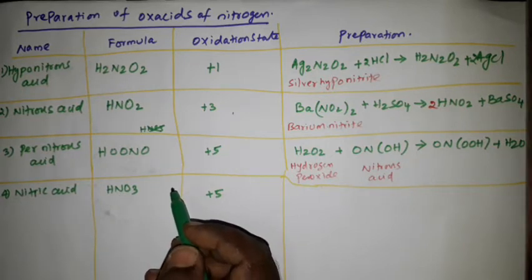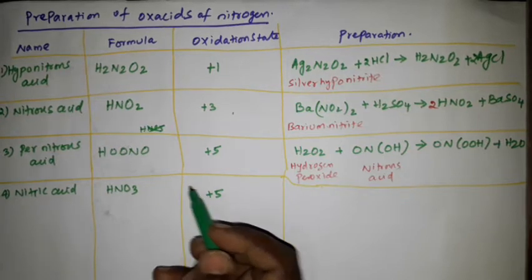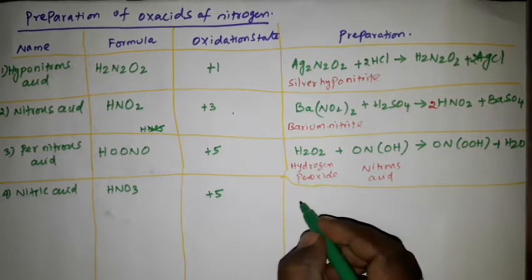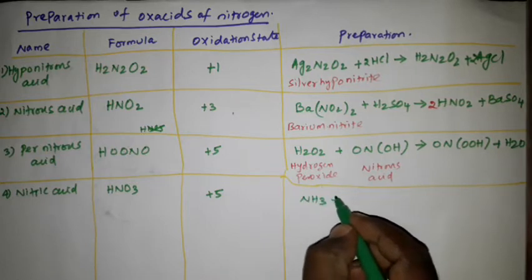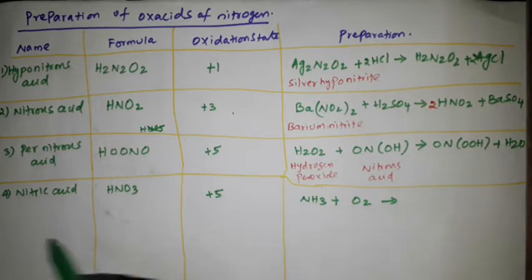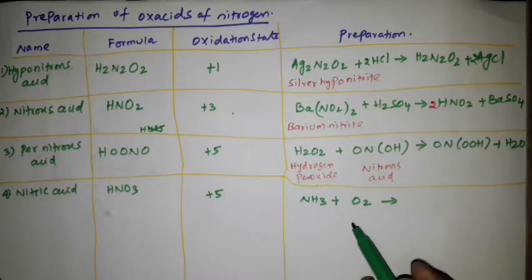Now for the preparation, you need ammonia, NH3, plus oxygen. Here we produce nitric acid in 4 steps. This is step number 1.